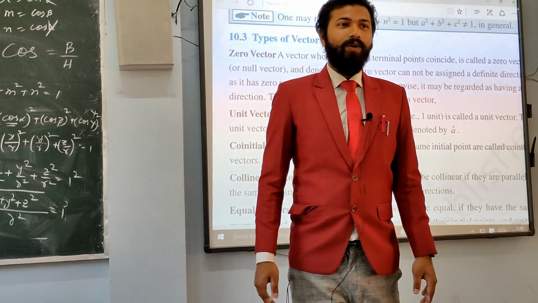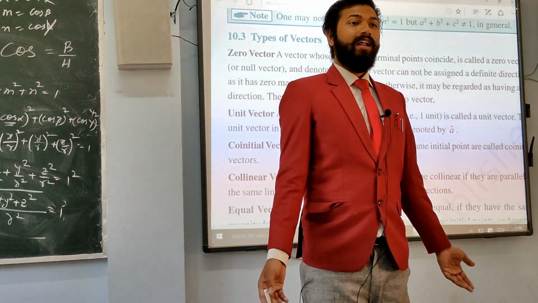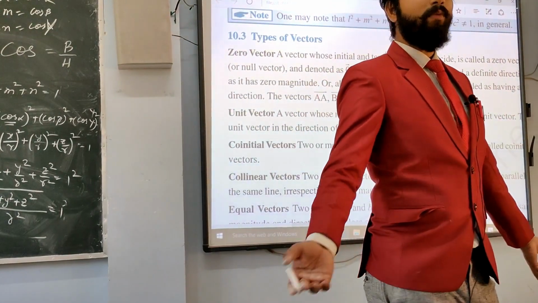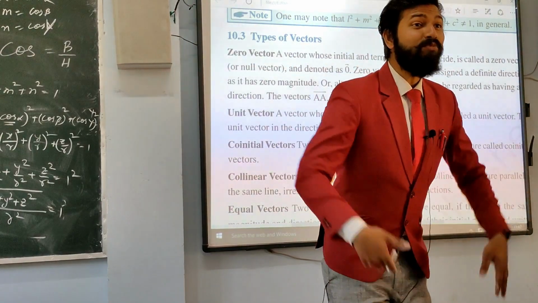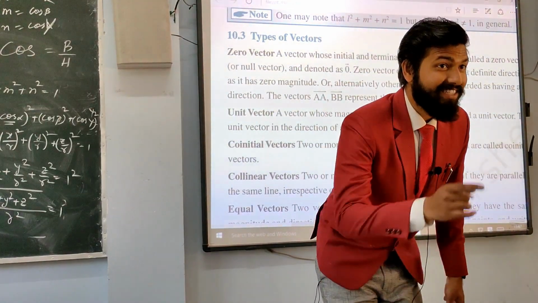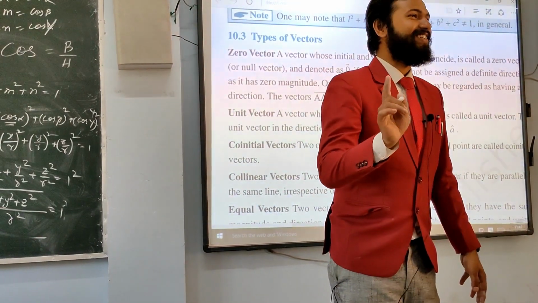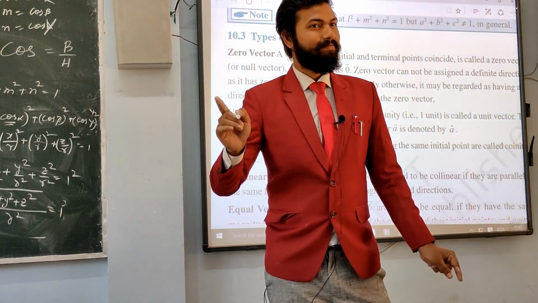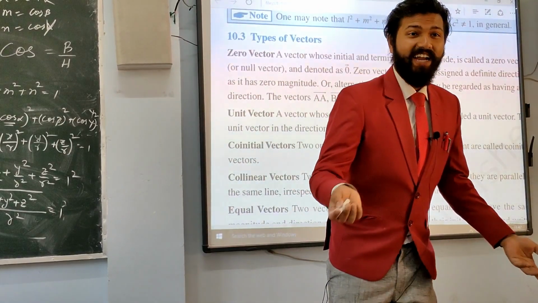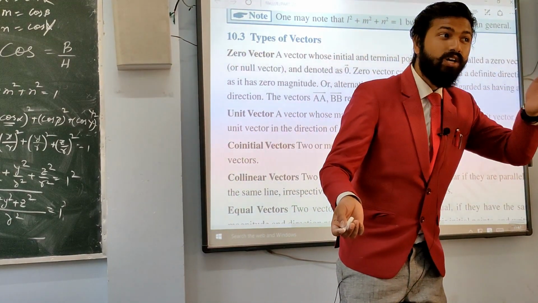So what is my vector? I didn't move anywhere. There is no magnitude at all. It is zero magnitude. If I didn't move, can you define a direction? I have no direction either. So if I ask you the direction of a zero vector, the zero vector has no well-defined direction.